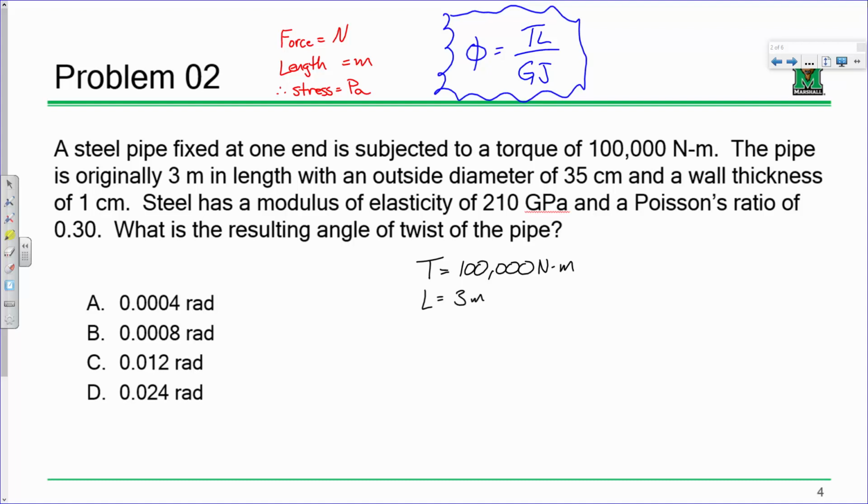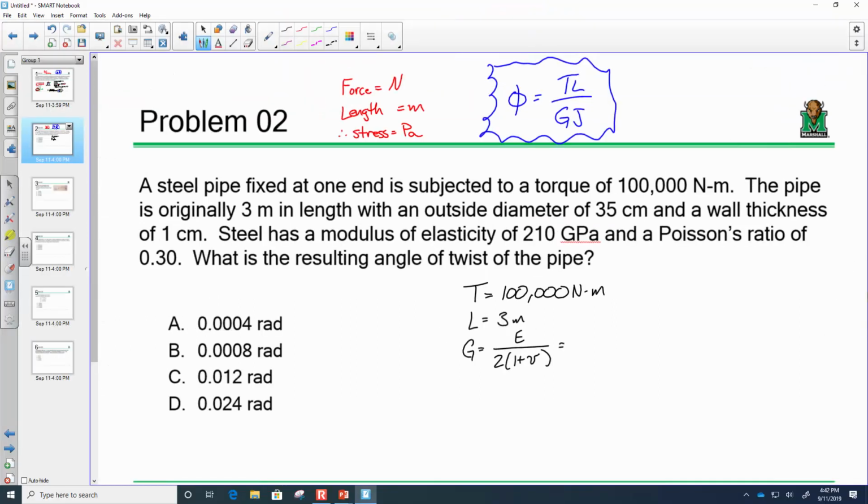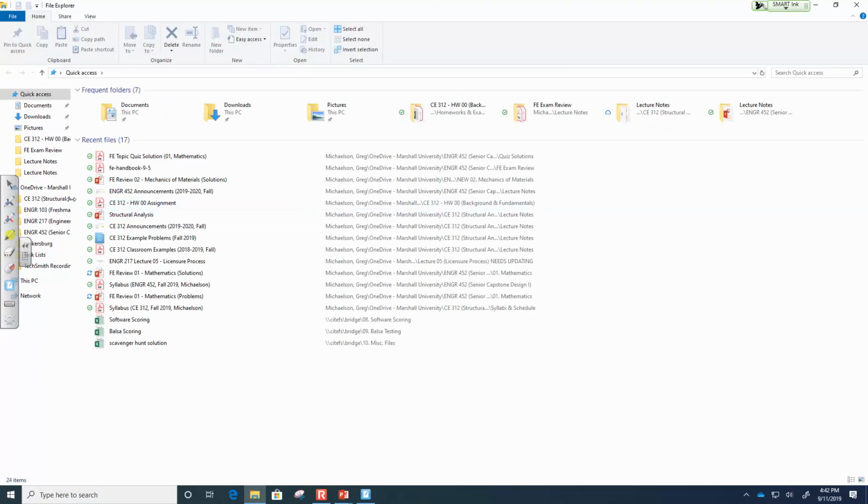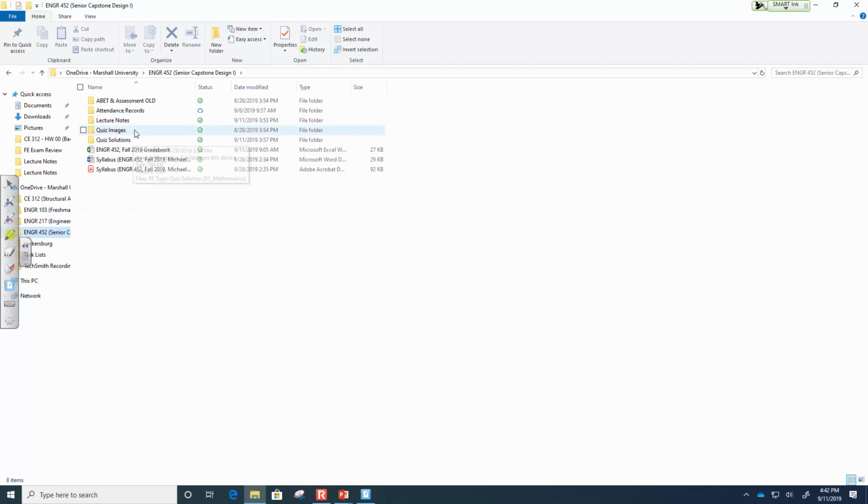Now, there is an expression in the world of mechanics that says if you have E and you have your Poisson's ratio, that will tell you what the shear modulus is. And if you don't remember that, where do you find it? There you go, the reference handbook.